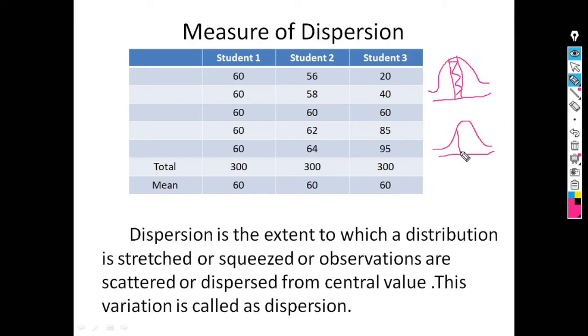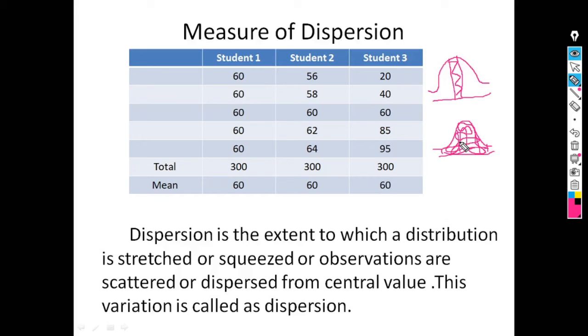The observation may lie in this interval or from this point to this point. We have to check their scatteredness. All these observations may be distributed all over this shaded area and we have to study that area. So measure of dispersion means we have to check the extent to which the distribution is stretched or squeezed, or check the scatteredness of the data.